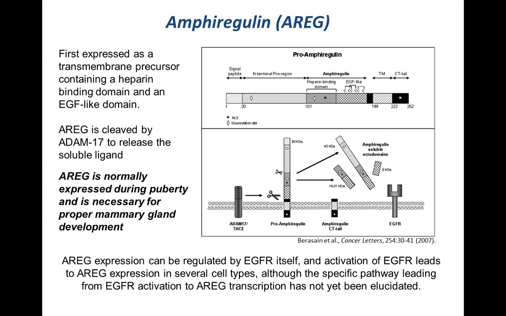Now, one of the reasons that we think this is really an important cancer growth factor is because of where this protein is normally expressed in normal cells. And it turns out that AREG is normally expressed during puberty in the mammary gland, and is also expressed during development in embryogenesis and the development of the kidney and the lung and other organs that make branching ductal structures.